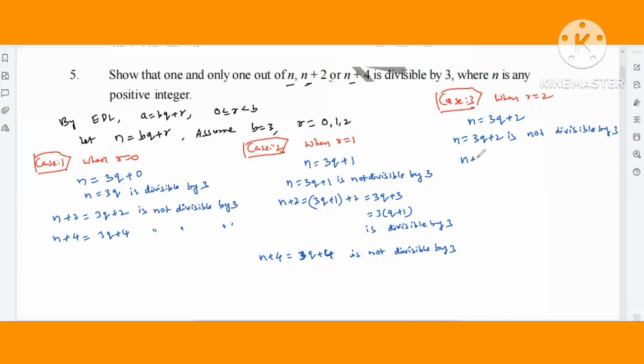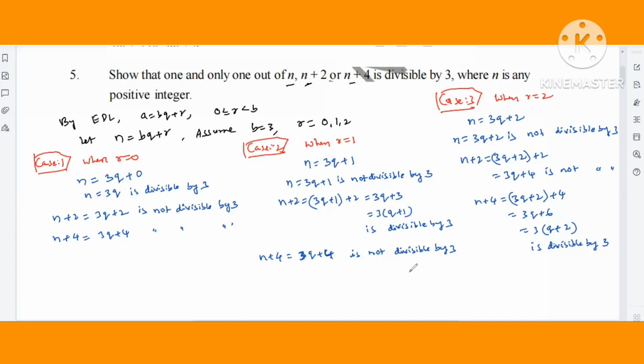And n plus 2, 3q plus 2 plus 2, that is 3q plus 4, is not divisible by 3. Now let us take n plus 4. n is 3q plus 2 and plus 4, so 3q plus 6. Here you know that 3 is common, 3 into some number, so this is divisible by 3.